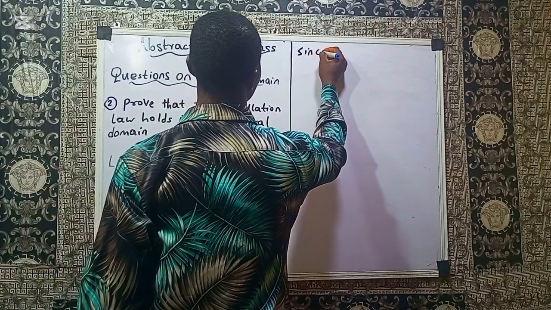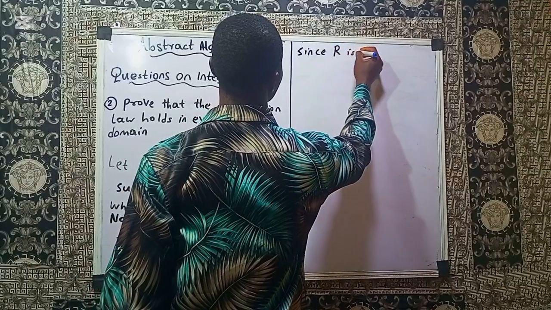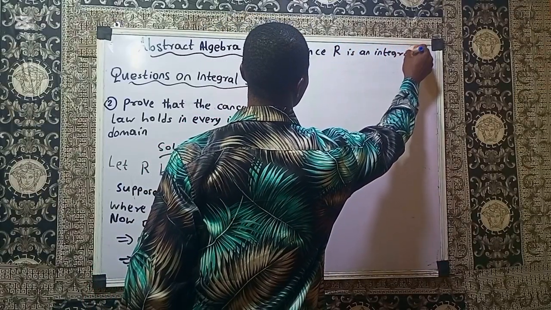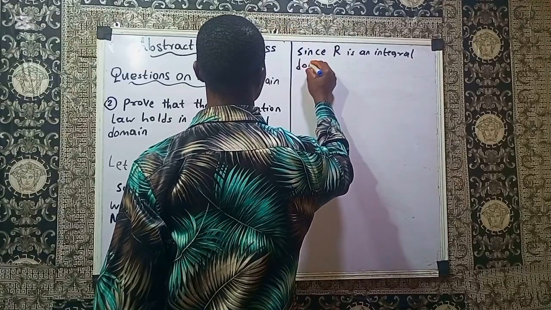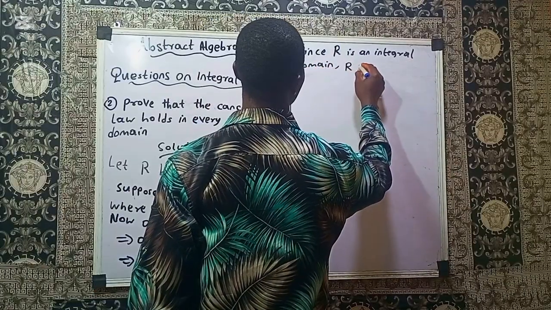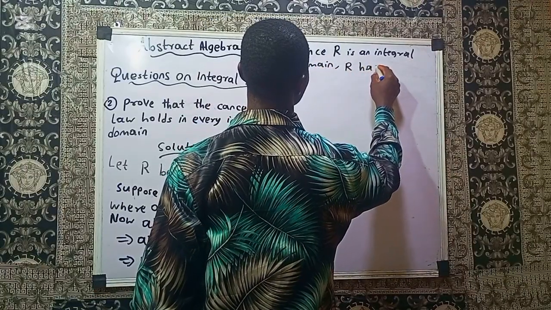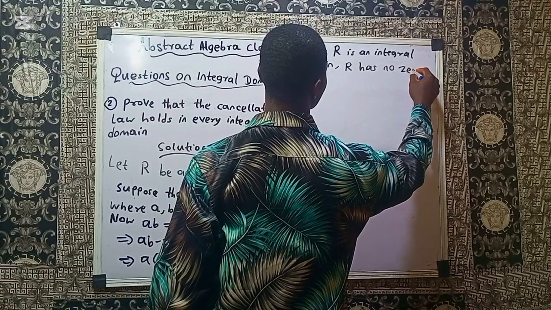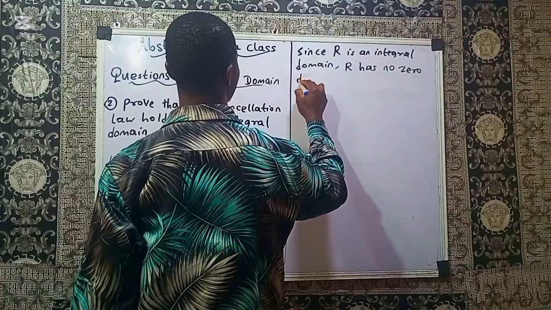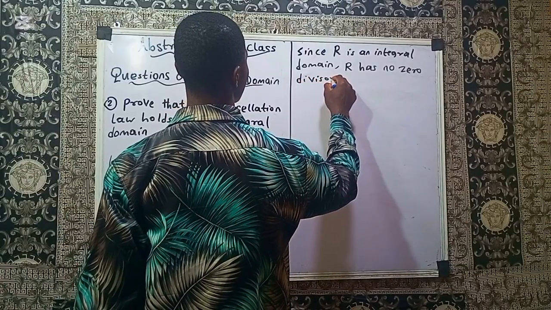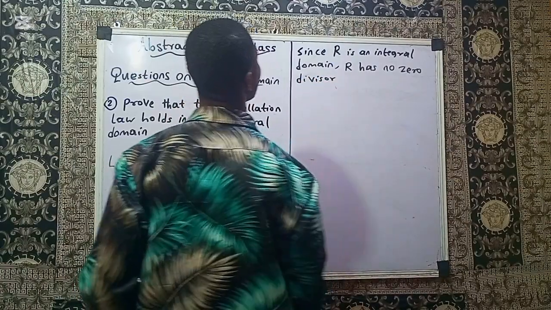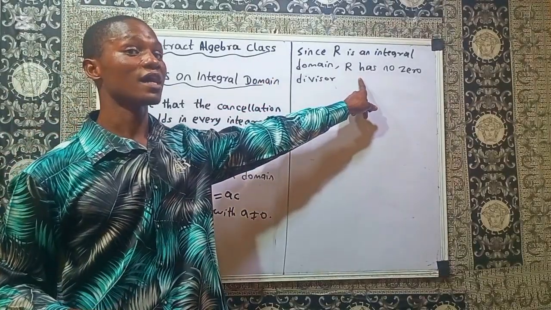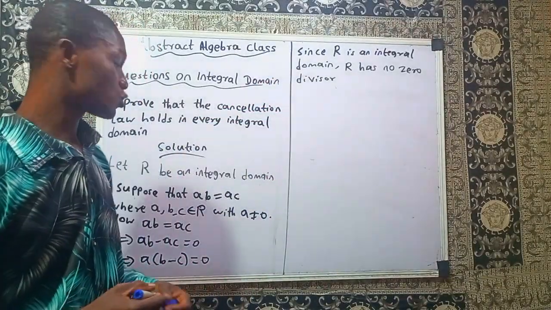Since R is an integral domain, R has no zero divisors. This is what we know.